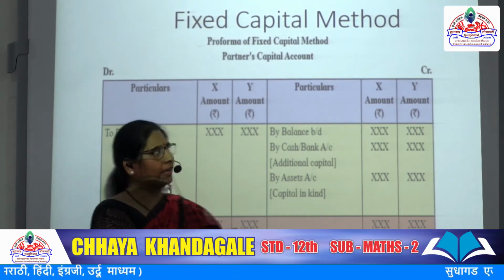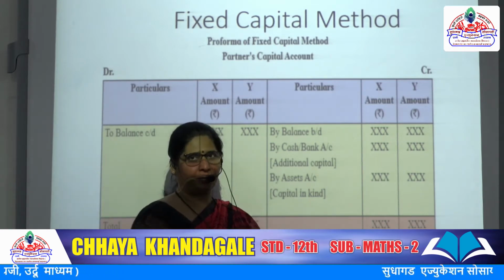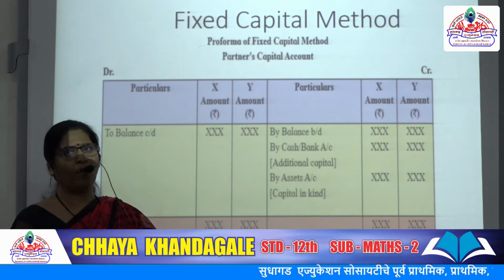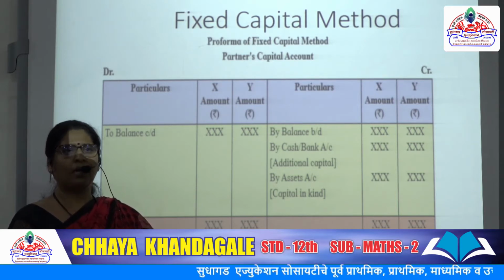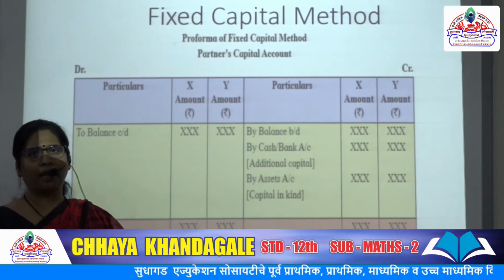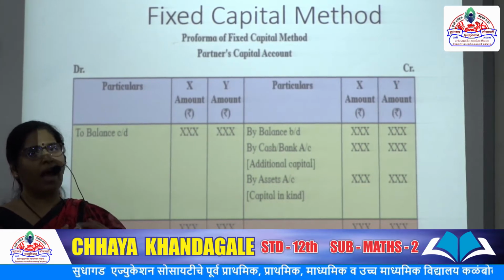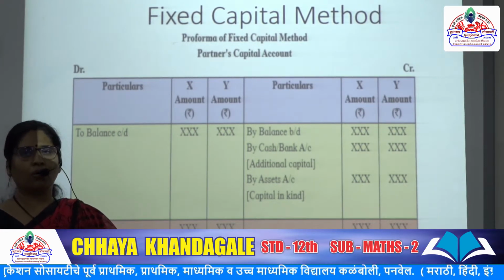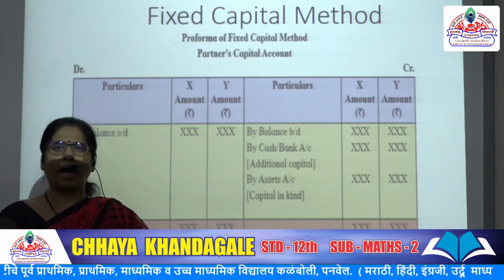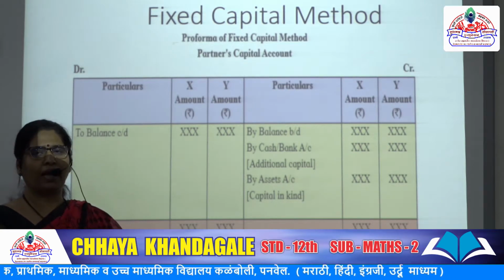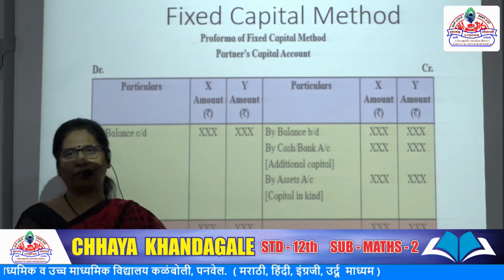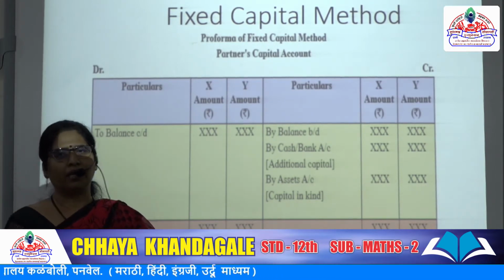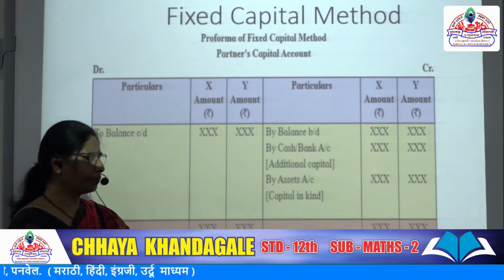Here it is particulars X and Y. Now usually when we employ capital in a partnership, that is the firm's liability, whereas partners have invested in that particular partnership. So the capital accounts will appear in the trial balance on the credit side of the trial balance.